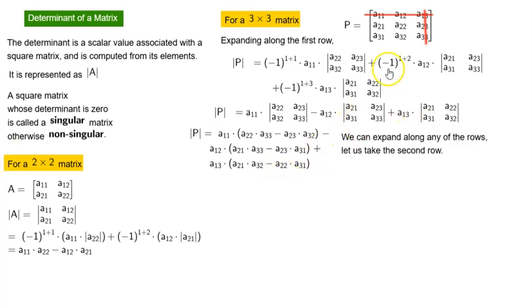It's not necessary for us to go along the first row only. We can go along the second row also, any of the rows. So in which case we'll be going like this.